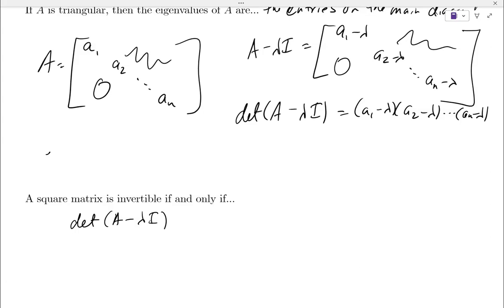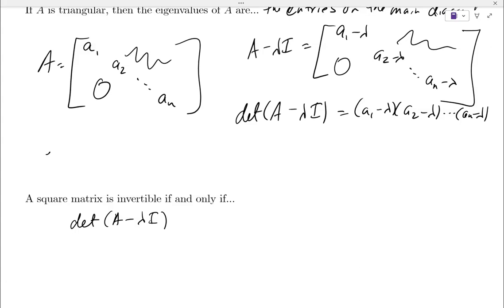Okay, so let's think about A not being invertible. We know the determinant of A is 0, right? What can you plug in for lambda to see the determinant of A by itself? 0, right? So if the matrix is not invertible, then 0 is an eigenvalue, because I already know its determinant is 0, and if I plug in 0 for lambda, I get a true statement.